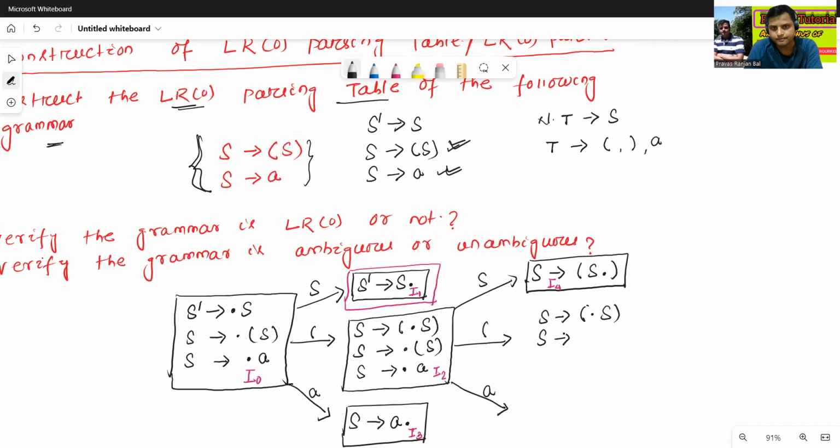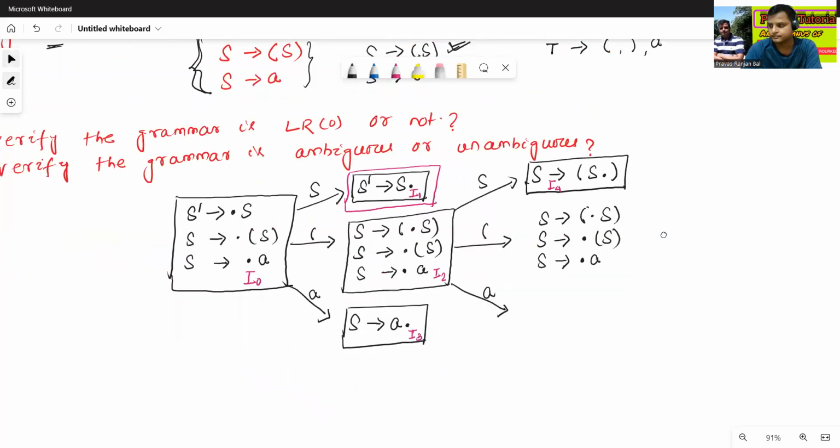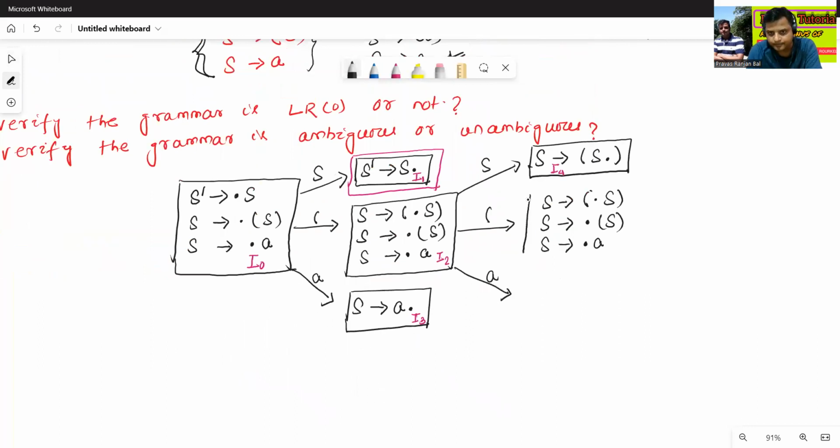So S to dot open bracket S close bracket S, and S to dot A. Just see, this state and the I2 state are completely similar. So I'll just call it I2. This state and I2 are the same, so the I2 state is repeated.